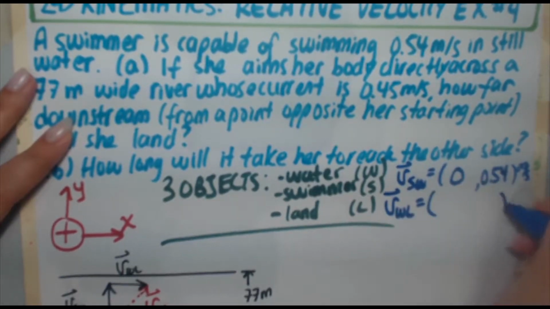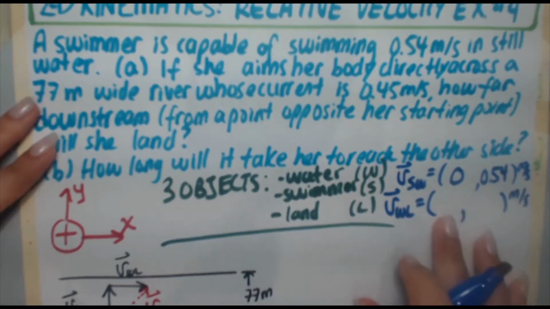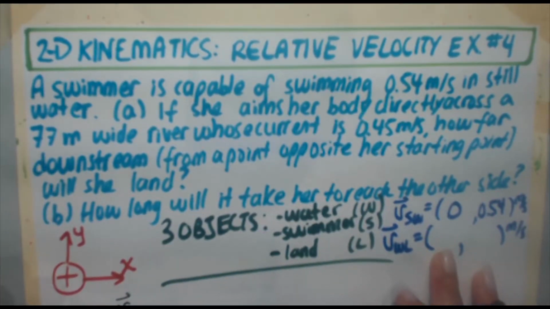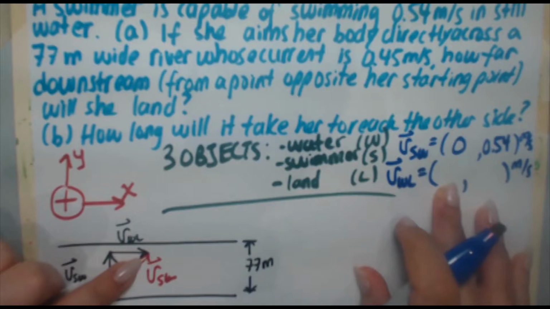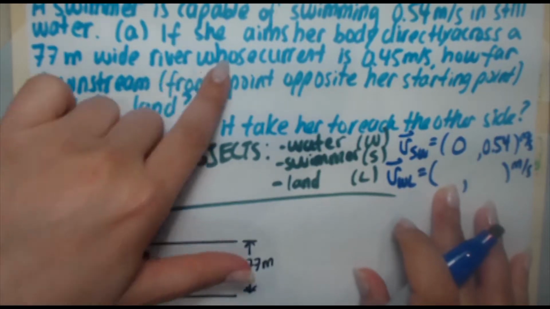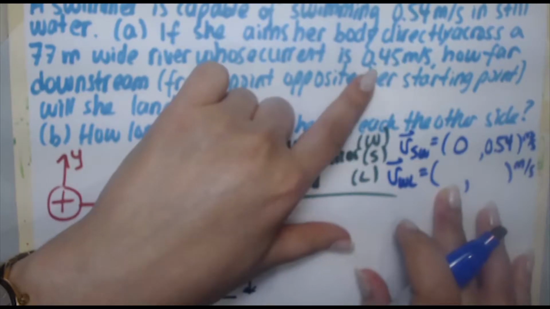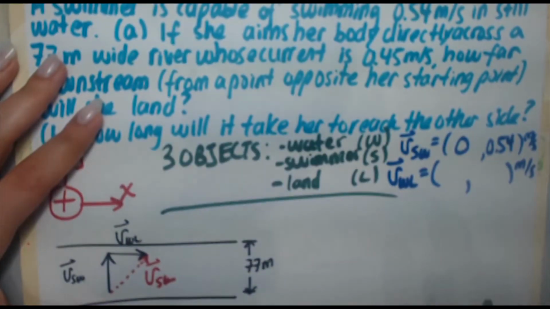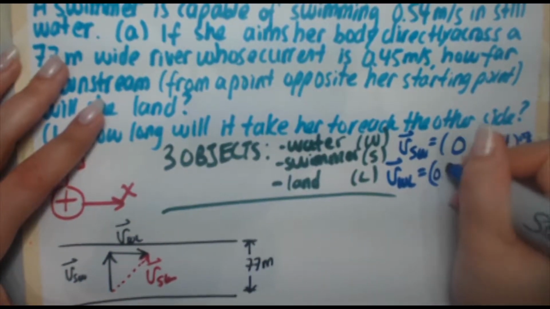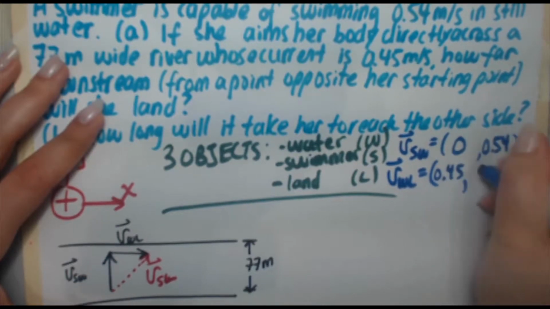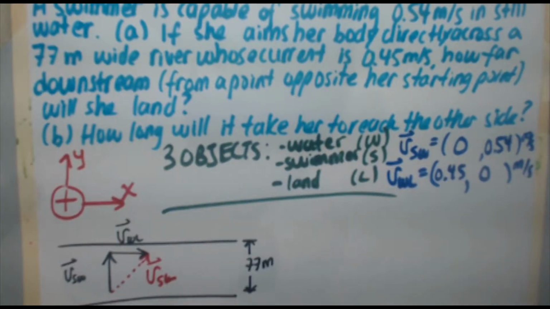Again, put your brackets, your meters per second, put your comma. The x component of the water relative to the land, that's the speed that the water is going down the river. And based on the question, it says the current is going at 0.45 meters per second. So that is going to be the x component here, 0.45, and the y component will be 0.